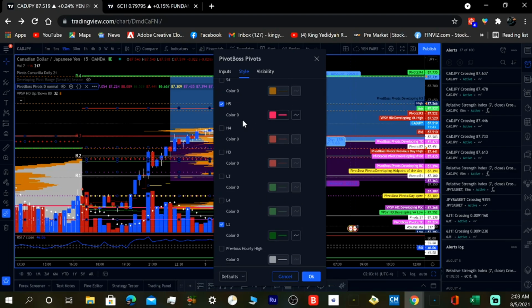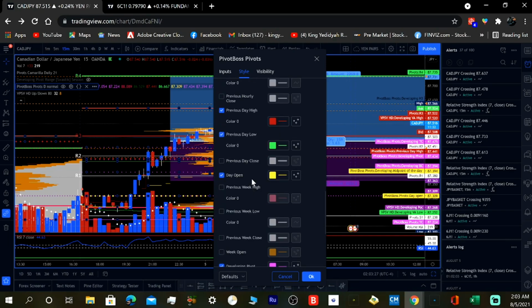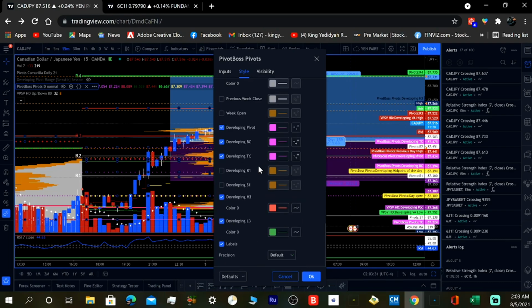So that's H5, right? See this line right here, that's H5. Well, actually it could be developing H3, yeah.